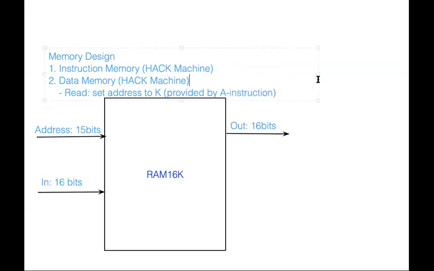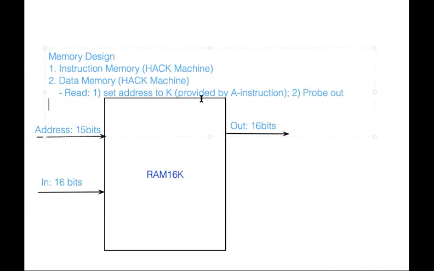So this is a read and set. From read, first you set the address provided by the A instruction, and two, you probe the out. Okay, so you will read and the output will be the data.